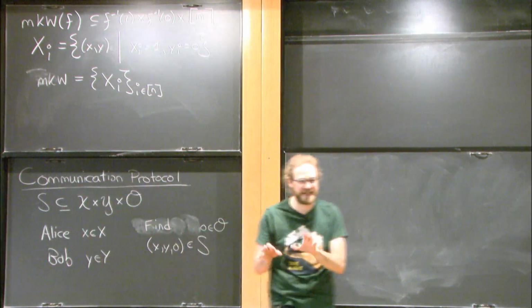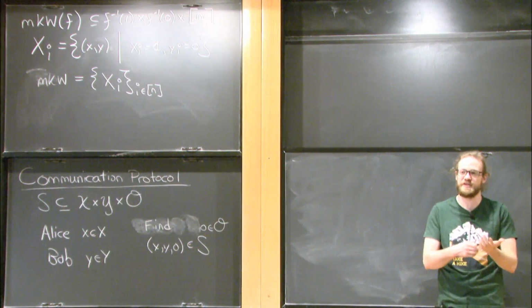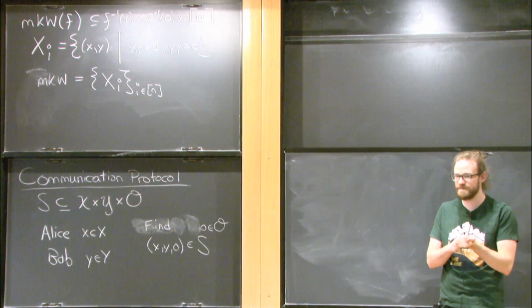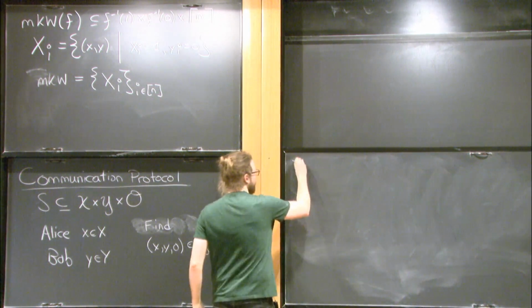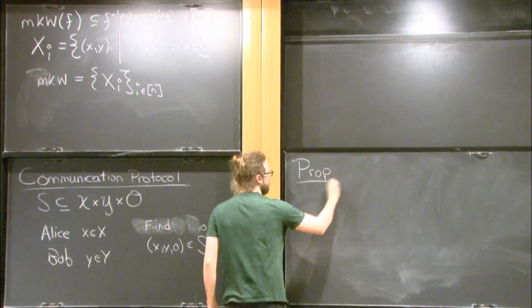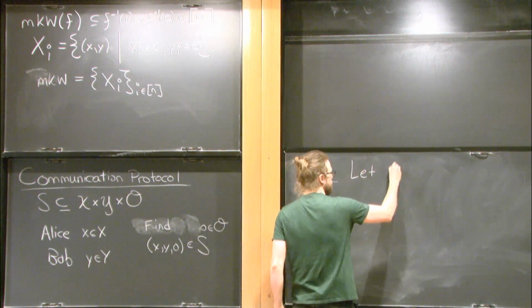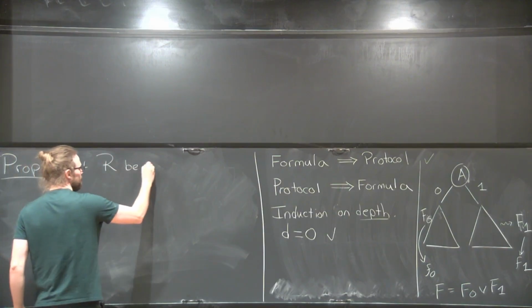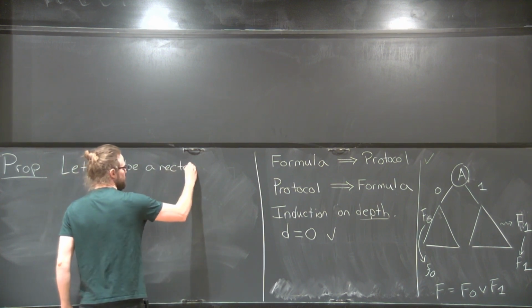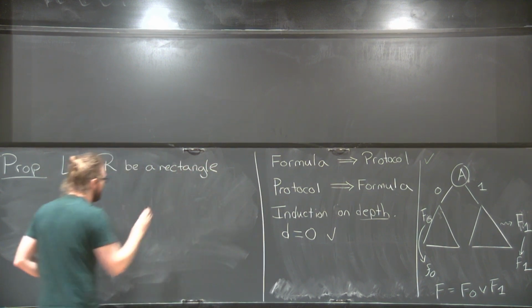Every rectangle cover is equivalent to the monotone Karchmer-Wigderson game of some function. I mean this in a very generic sense.